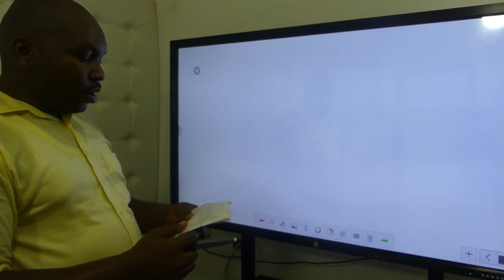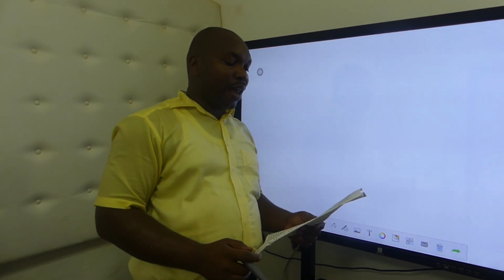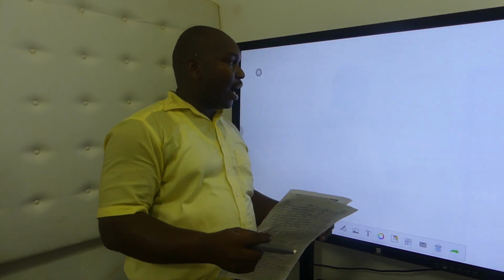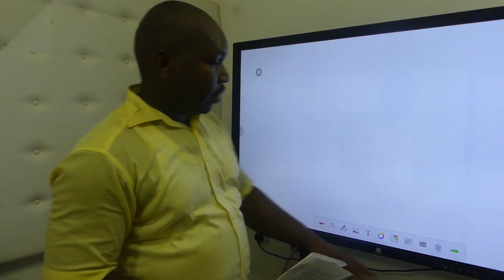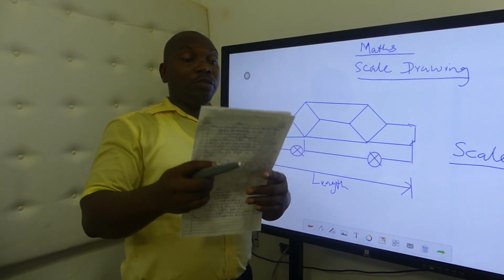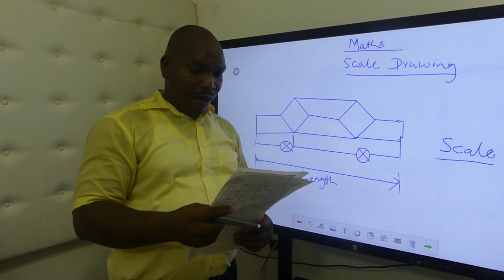Since it is not always possible to draw on a paper the actual size of a real life object, such as the real size of a car or an aeroplane. If they say draw an aeroplane just as big as an aeroplane, you cannot draw that size in a paper.